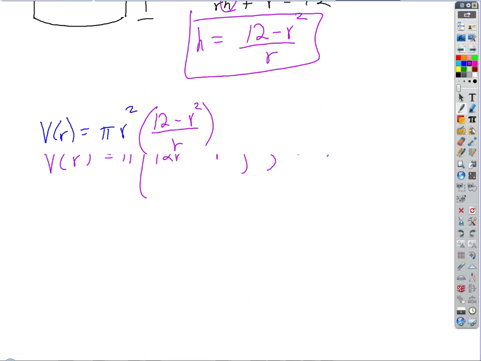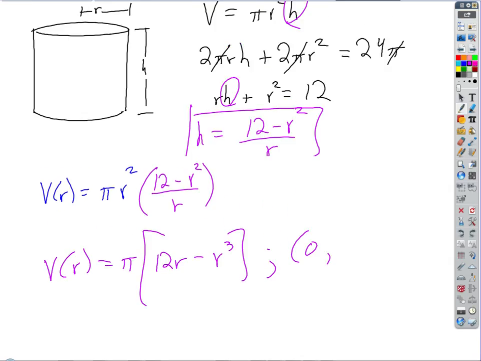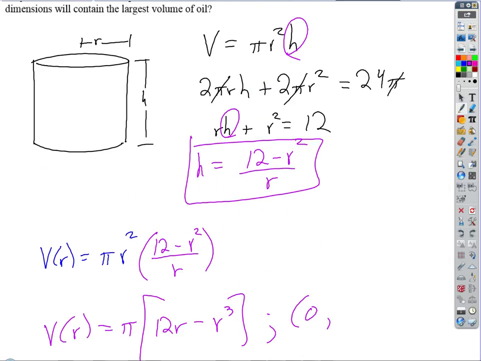Up to, now let's look at this one. As r gets bigger, h gets smaller, right? Everybody agree? If h were to go to 0, what's the biggest that r could be?